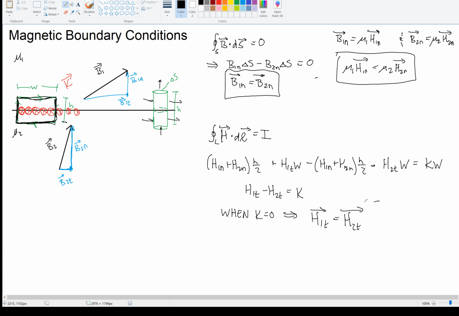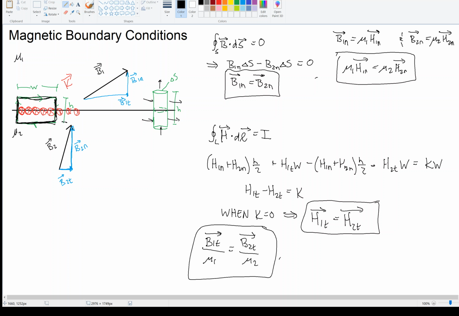So in this case, we see that the tangential component of the magnetic field intensity is continuous, and then based on how it's related to the magnetic flux density, we see the tangential component of the magnetic flux density is discontinuous. It undergoes some change.